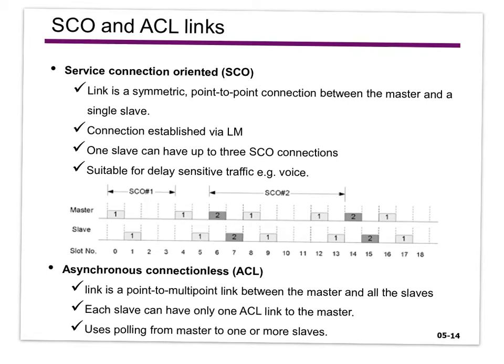The control packets are sent on a separate ACL link. This link actually has higher priority than the actual data ACL link. That's why I'm saying it's a strict priority queuing. The highest priority would be for SCO, and then the ACL control link, and then the ACL data link.